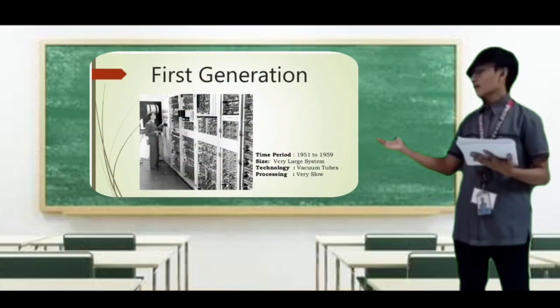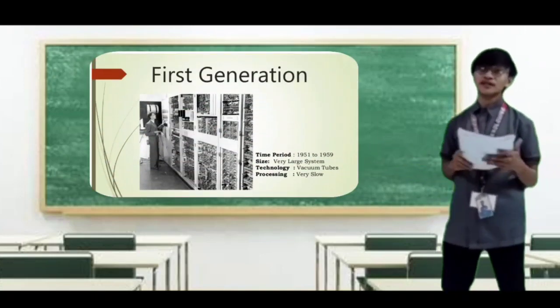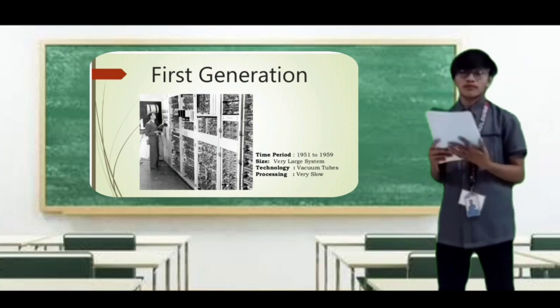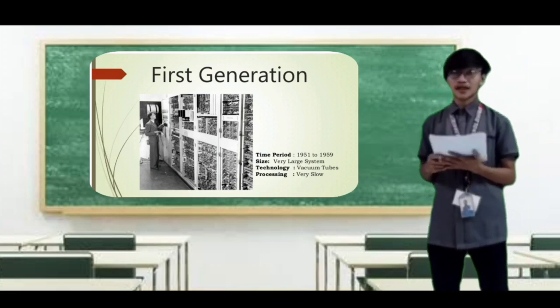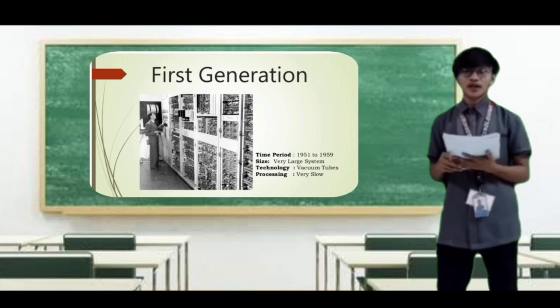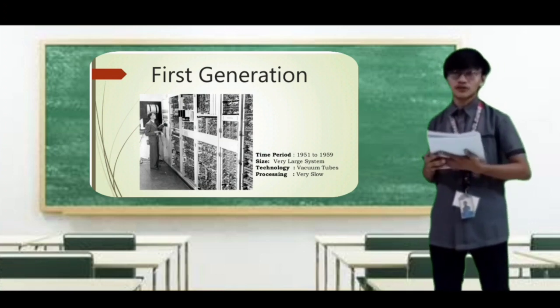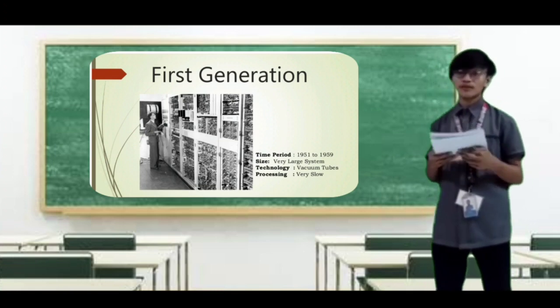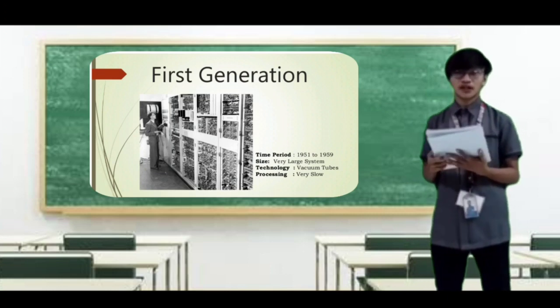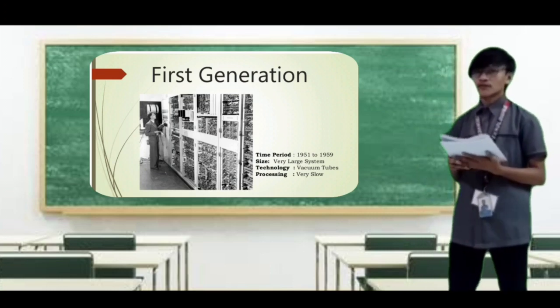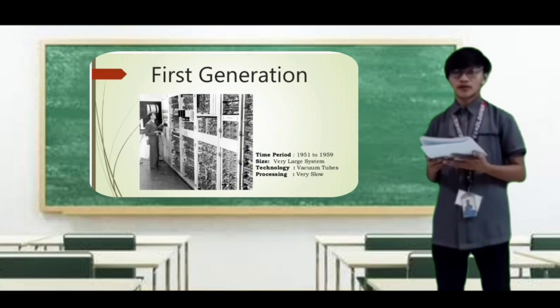The first generation, the time period is 1951 to 1959. The size is a very large system, and the technology is vacuum tubes. So in the first generation, they invented vacuum tubes. The processing is very slow.